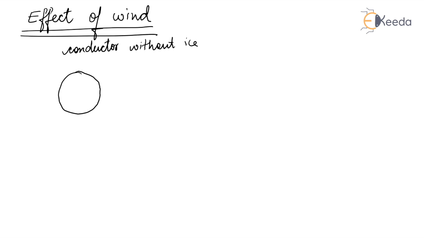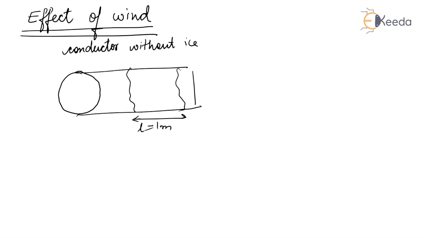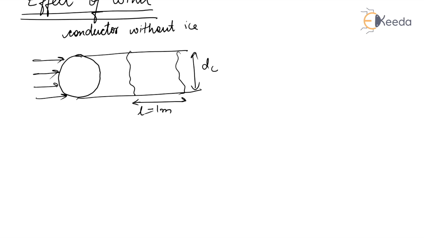This is the conductor. The projected area per meter length of the conductor we have to find out. This is L, 1 meter. This is the diameter of the conductor and this is the force due to wind.